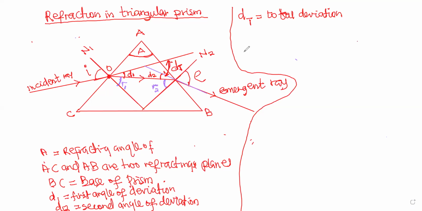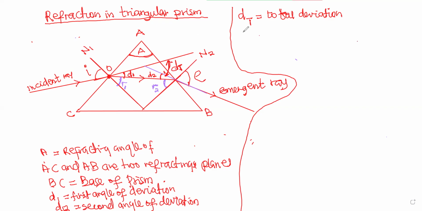I earlier said that a triangular prism has the ability to combine deviations at AB and AC to form a larger deviation, and that larger deviation is D total.